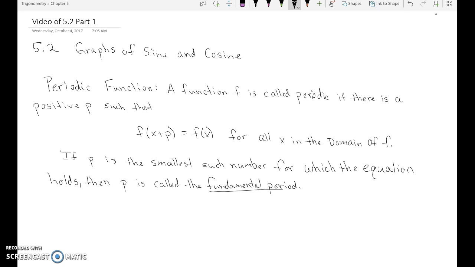Okay, so fundamental period, that is the smallest version of p that you could find. So let's go ahead and take a look at an example, and that'll make a little bit more sense.